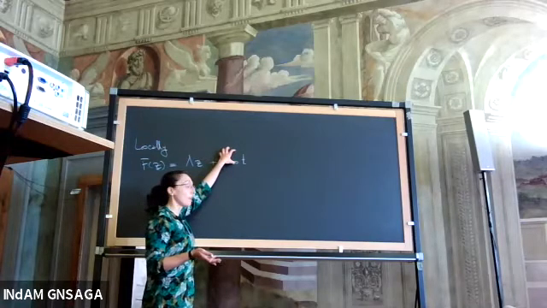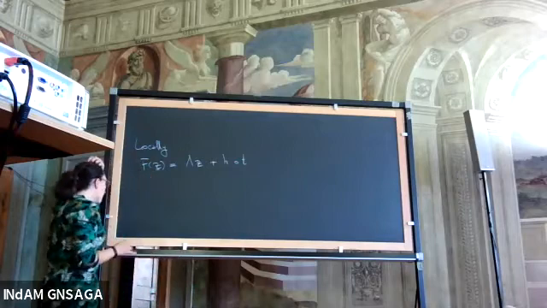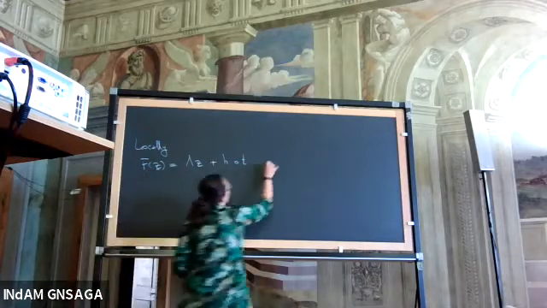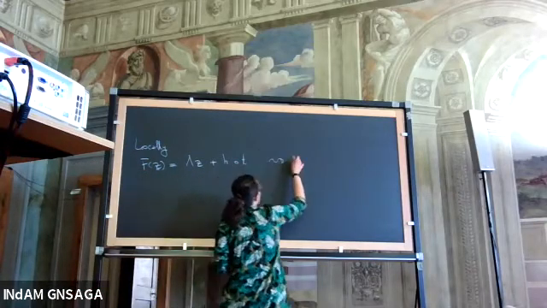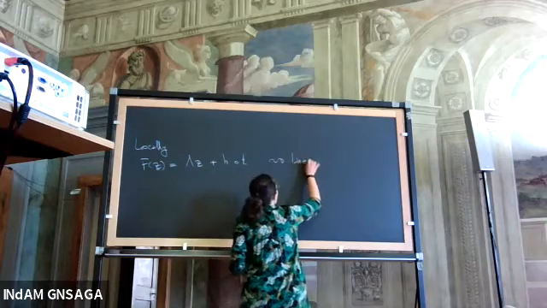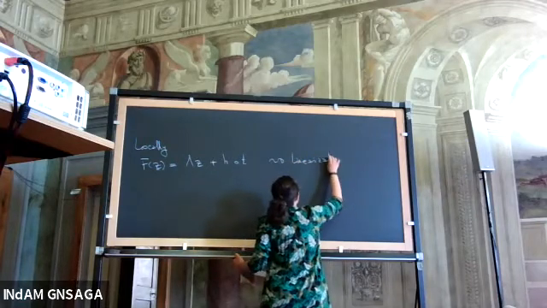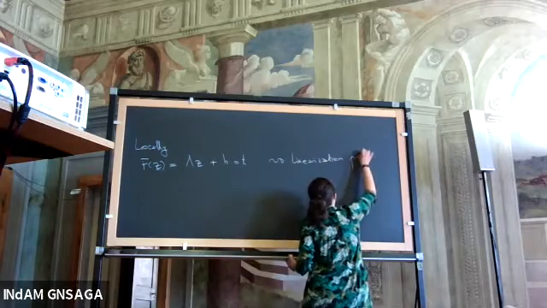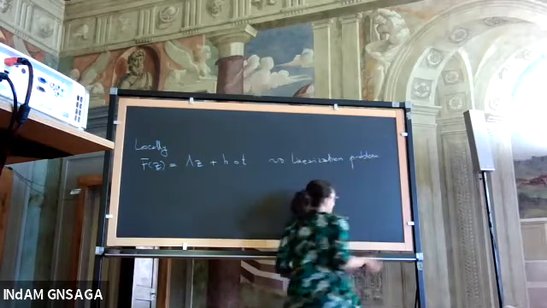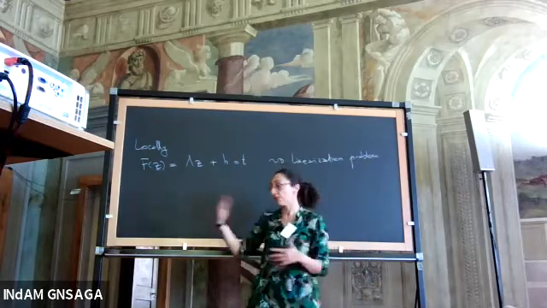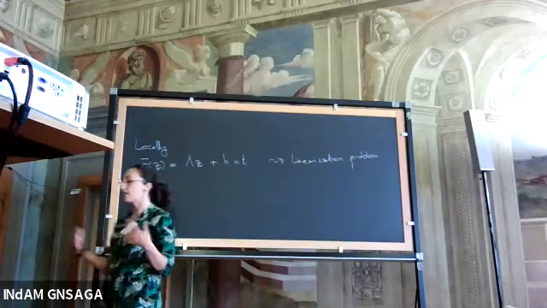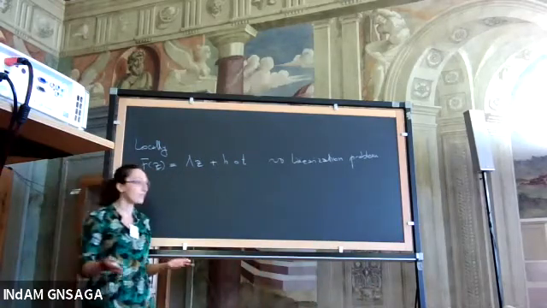Right? Cool. So this could lead to a linearization problem. And well, it depends whether you are in dimension 1 or higher dimension, what happens in these kinds of cases.